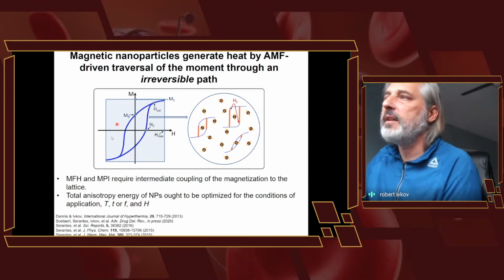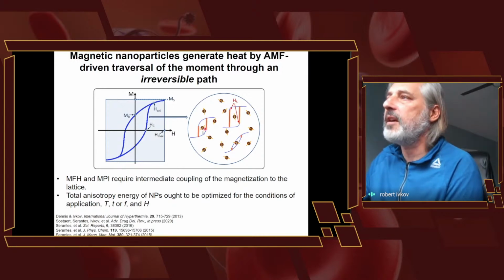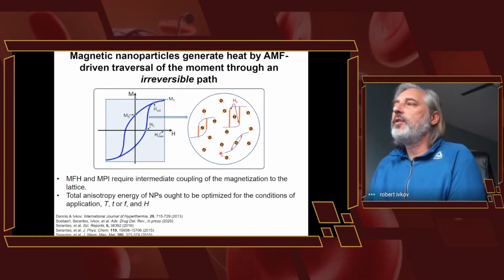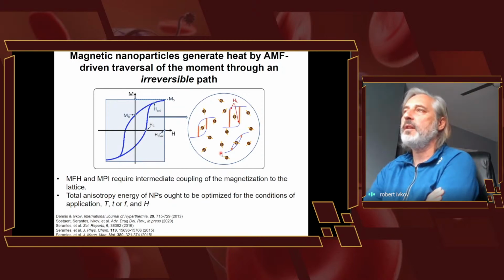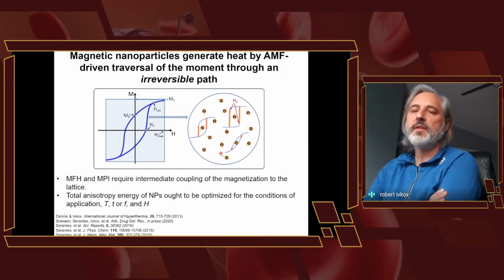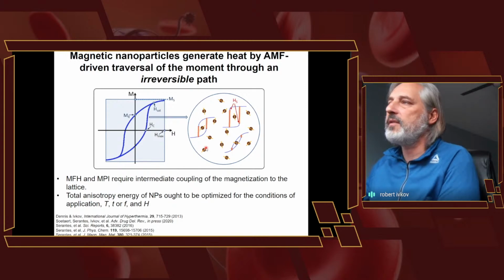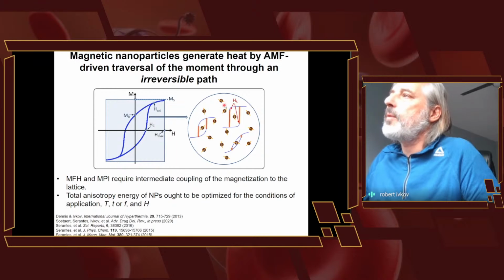Things get very complicated when we have individual nanoparticles that are suspended in a fluid, because depending on the orientation of their crystal axis, that hysteresis loop can present a different area to the magnetic field. And so now we can have a distribution of energy responses in our magnetic nanoparticle suspension. Things get much more complicated because of all of these variations, and because the nanoparticles can reorient and can move, and they also interact with each other.